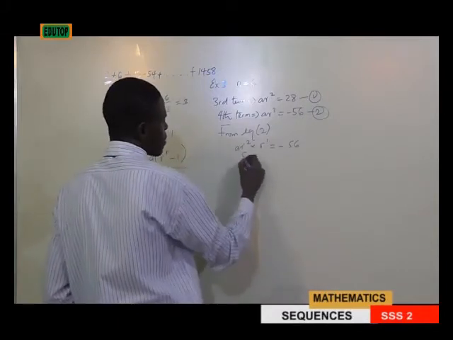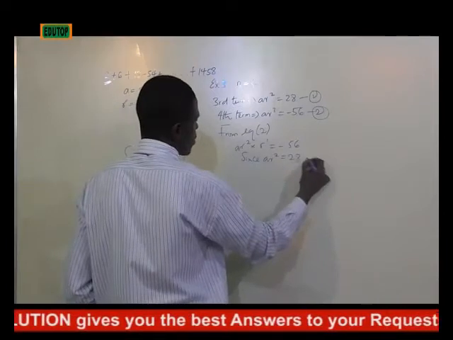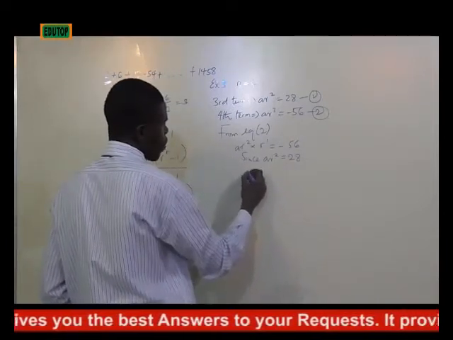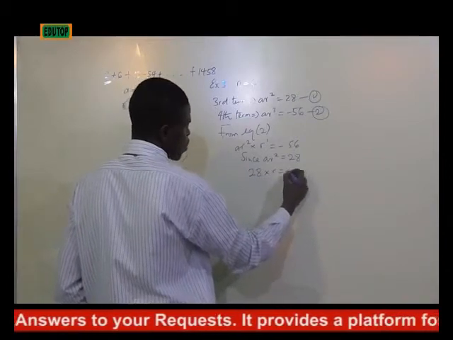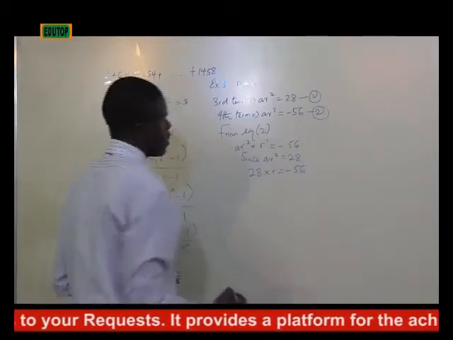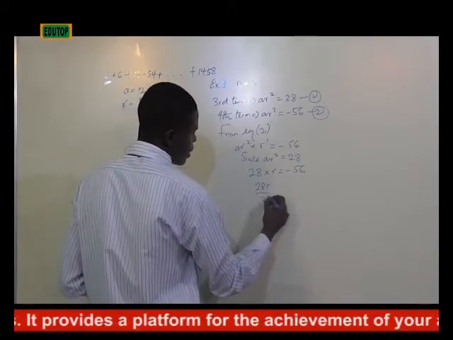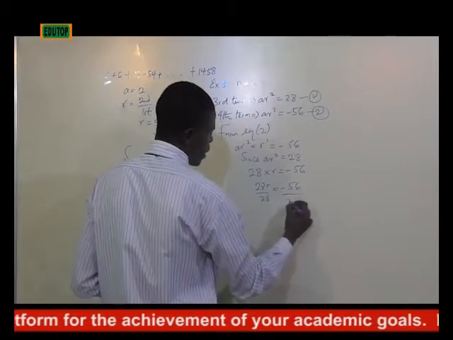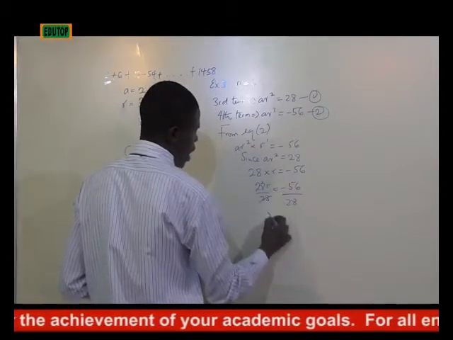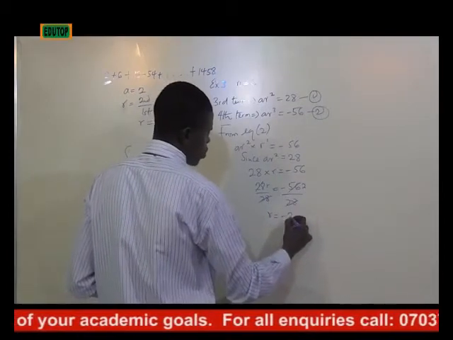And since AR squared is equal to 28, we substitute that into this, then we have 28 times R equals minus 56. Then when we divide both sides by 28, we are going to have R equals minus 2.